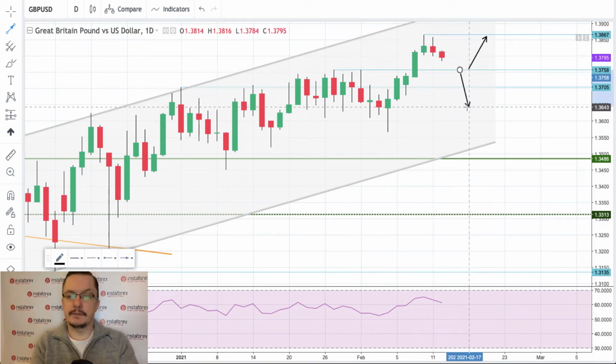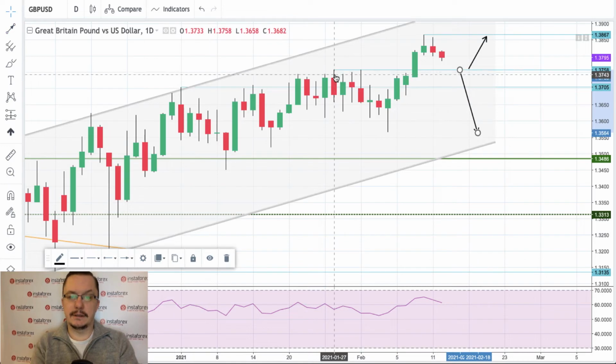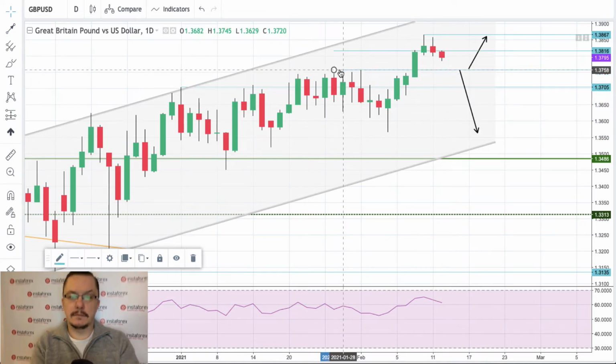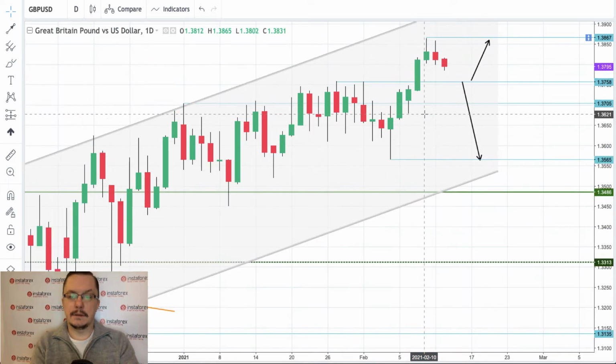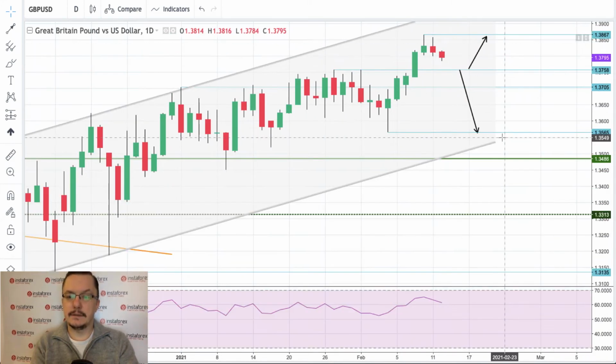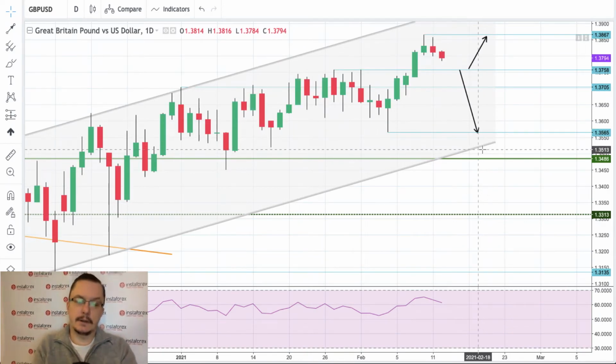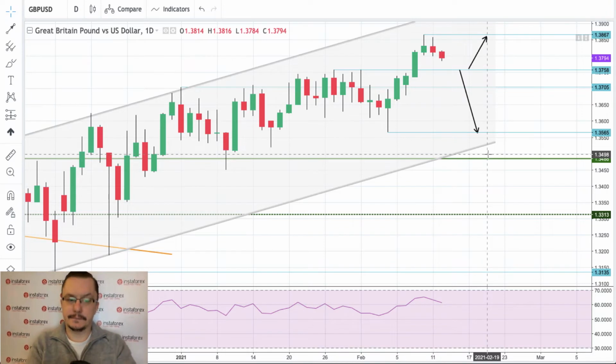Of course, if this is violated, then we will first go lower towards this level. So we can label it here, 1.3565, and we can, of course, even go towards the lower channel boundary and then test it.